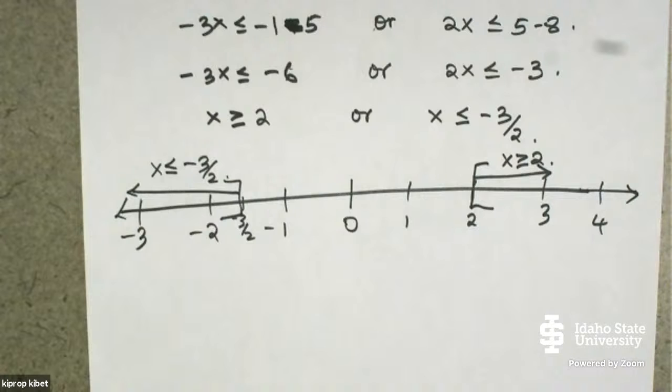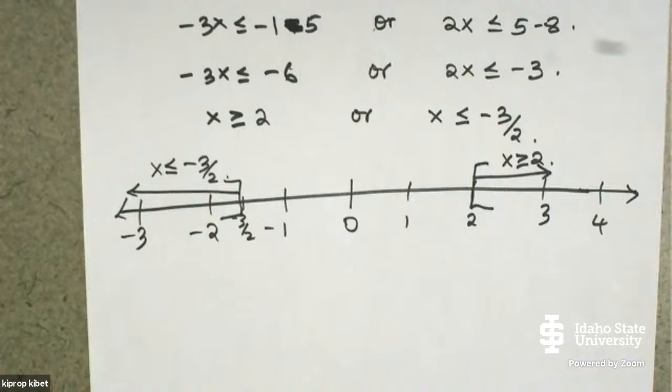So what is our interval notation? Is it satisfying either? Yeah. If you take any value here, it is satisfying one. If you pick any value here, it is satisfying this one. So it is satisfying either.